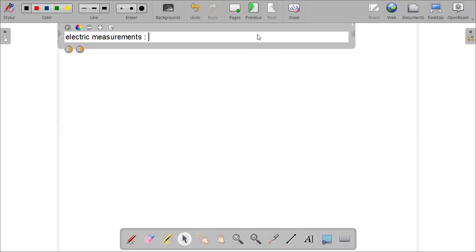So electric measurements. They include the measurement of current and voltage.